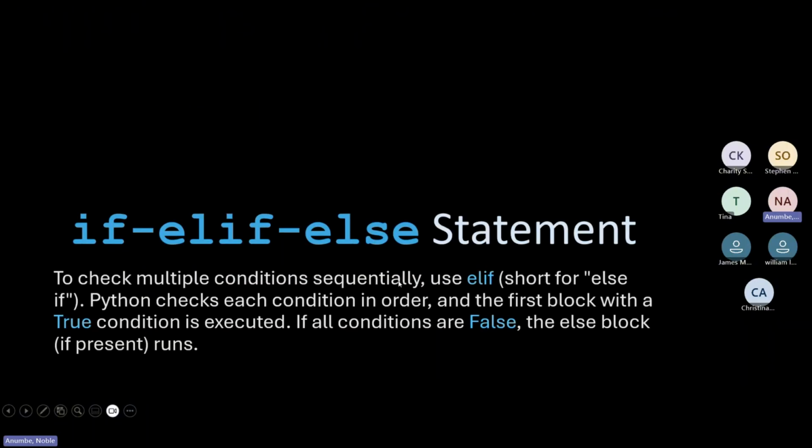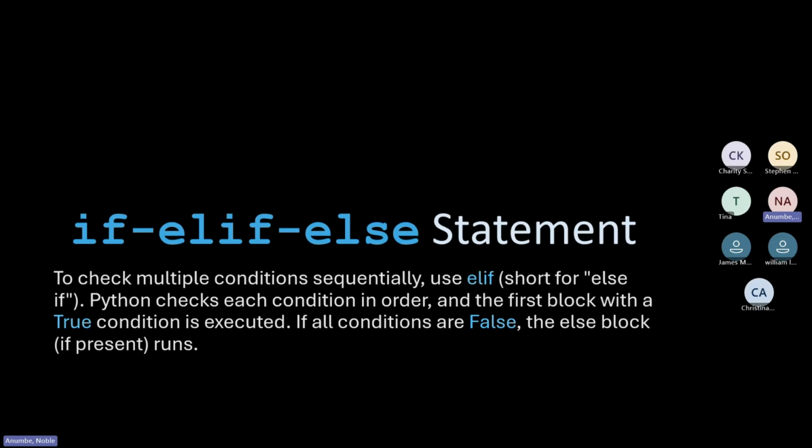So next, we also have if, elif, else. When we go through the examples, you are going to see how this is implemented in our study text. It is used to check multiple conditions sequentially. What if we go through one condition and it's not true, and then we go through another condition and it's not true?